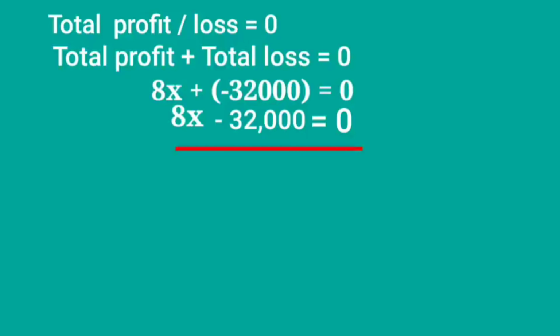To find out the value of 8x, we should transfer the minus 32,000 to the right hand side. While transferring numbers or terms from one side to another side, their sign will change. If the number has a minus sign, it will change into a plus sign.